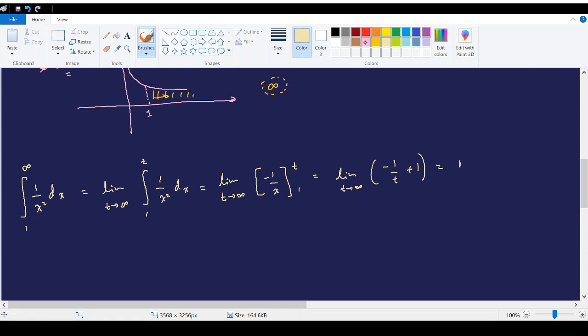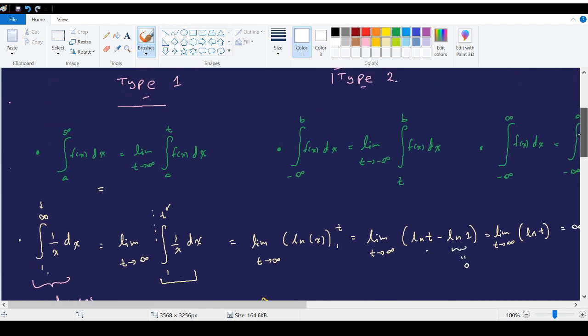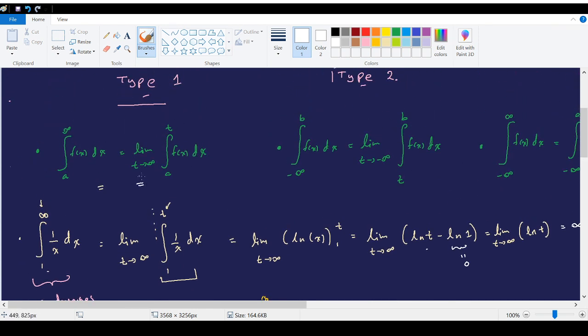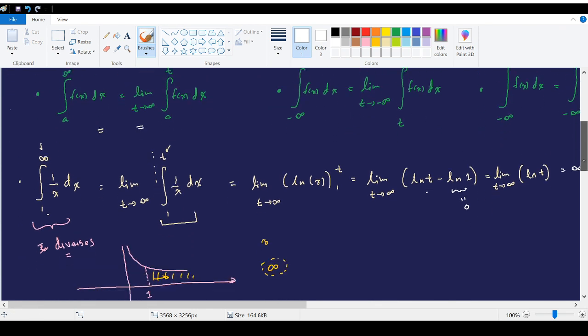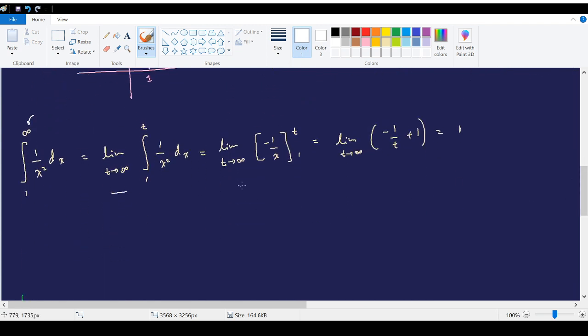So when it comes to 1 over x squared, as we have infinity in the upper limit, this is an improper integral type 1, and this is the way that you should solve that sort of integral, as we explained before in this green color. And by simplifying it accordingly, the answer for this one is a finite value. In other words, this improper integral converges, right?